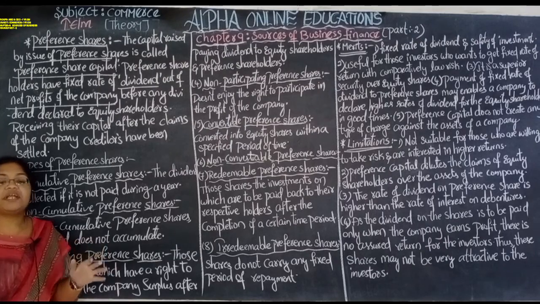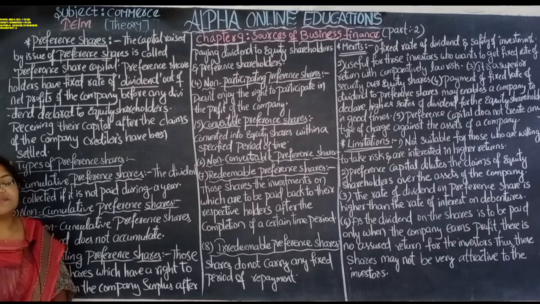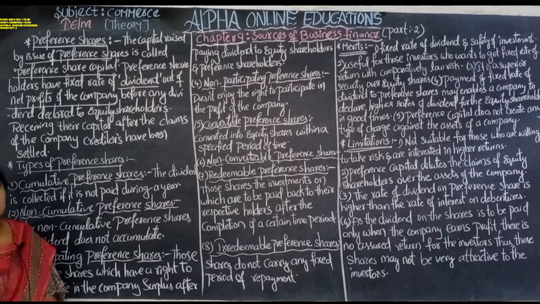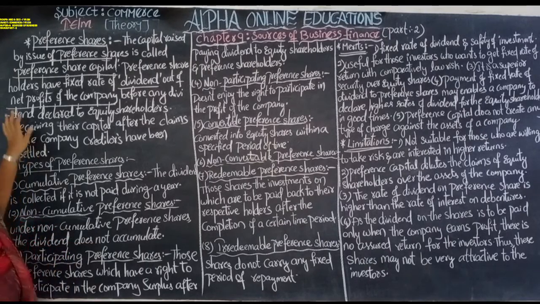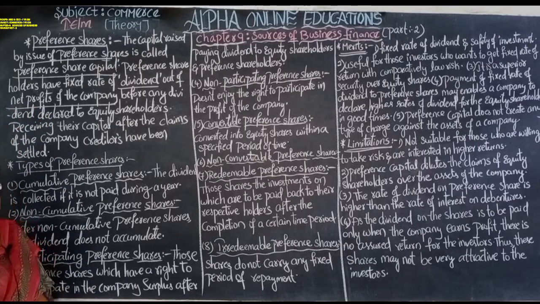First the dividend is declared to the preference shareholders, then whatever net profit is left is given to the equity shareholders.